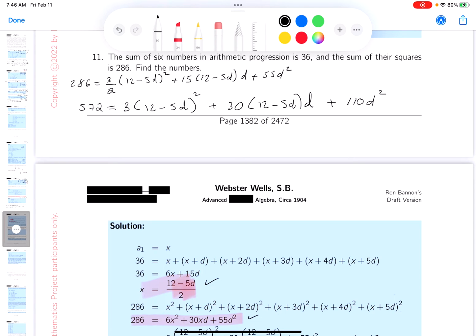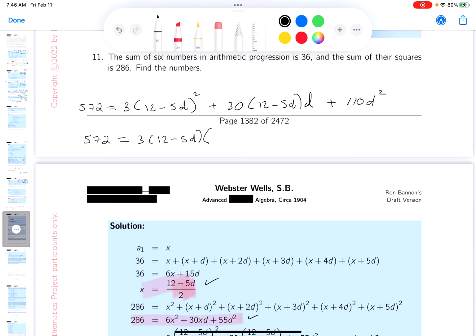Again, what I'm doing is I'm moving forward. I'm erasing my past now. I'm going to concentrate on this now. And what do I get now? 572. And I'm going to factor the first two terms. And I see a 3, and I see a 12 minus 5d.